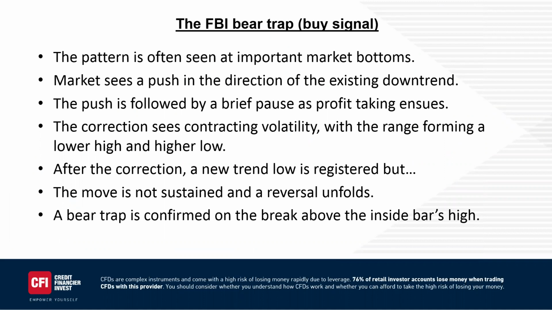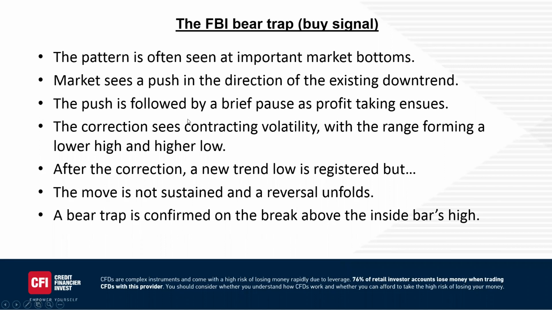So now we're going to talk about the FBI bear trap, which is the buy signal, the bullish example. So this one is often seen at important market bottoms. So it starts off, the market sees a push in the direction of the existing downtrend. The push is followed by a brief pause as profit taking kicks in.